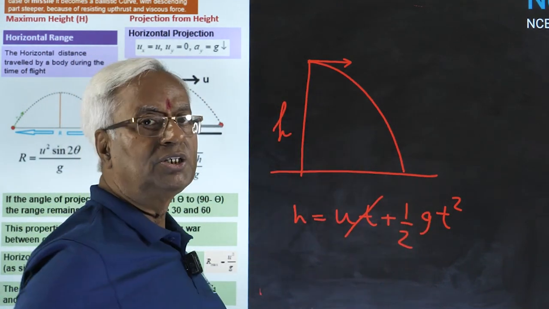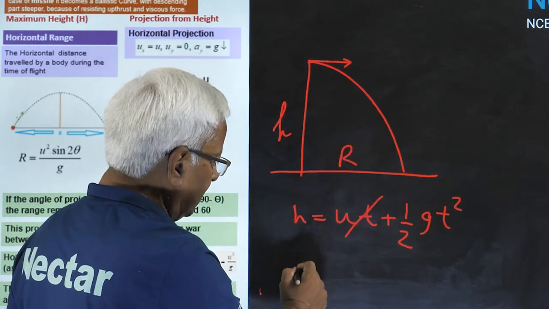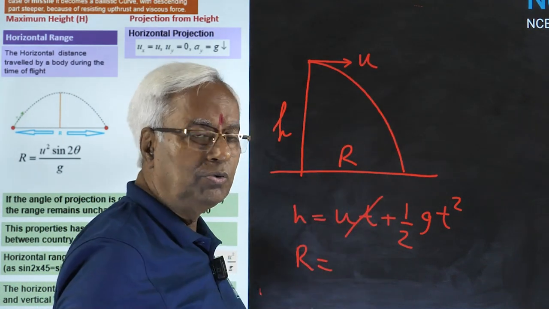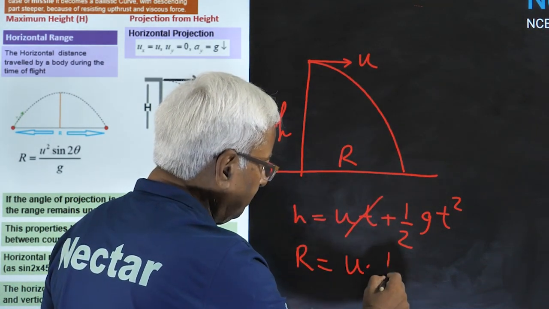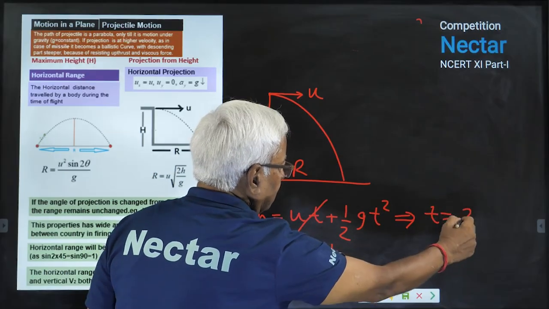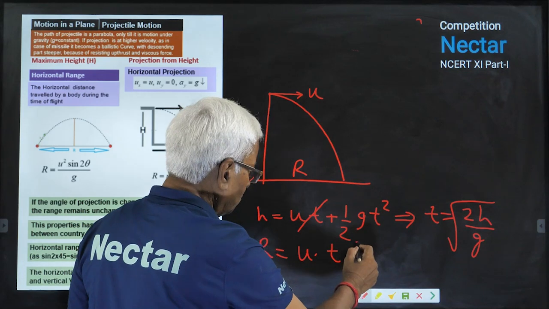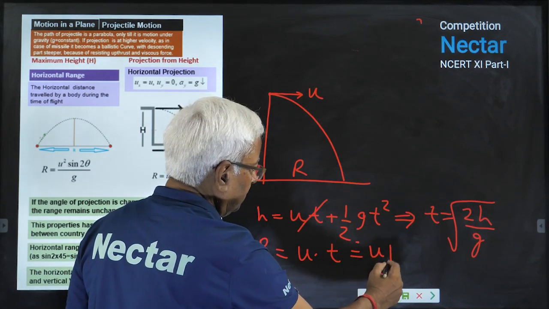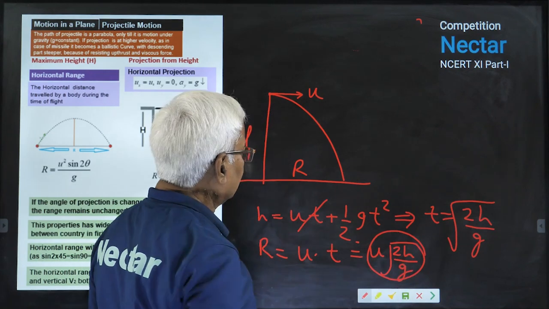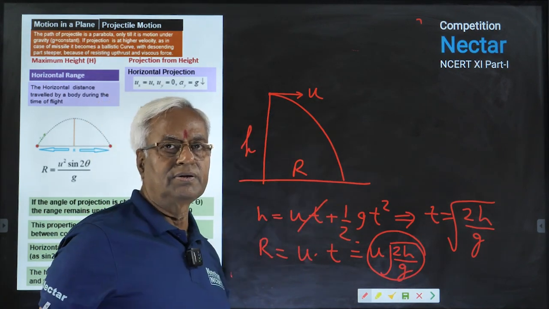It becomes half gt square. And this range will be equal to, if the initial velocity of projection was u, u into t. T you might take from here, it will be root 2h upon g, so u root 2h upon g. This becomes the range here when the projection is horizontal.